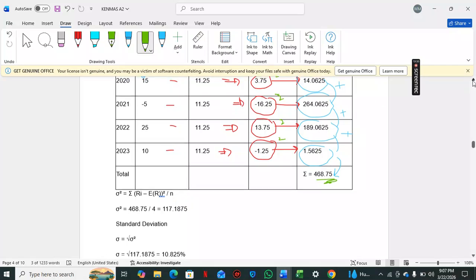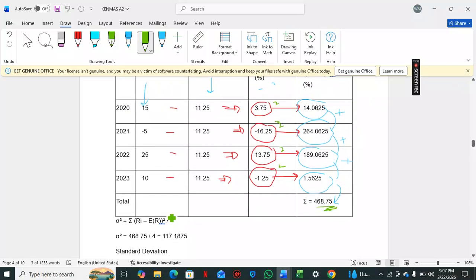Remember, n is just the number of observations, so you just say 1, 2, 3, 4. It's 4 years, 2020 up to 2023. So n equals 4. So you divide 468.75 divided by 4, you get 117.1875.